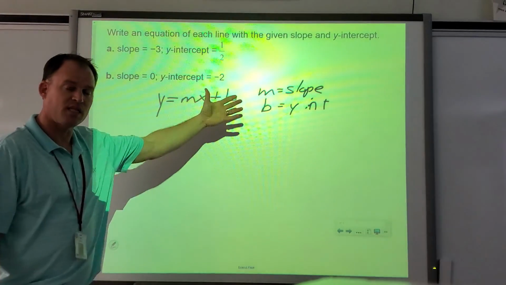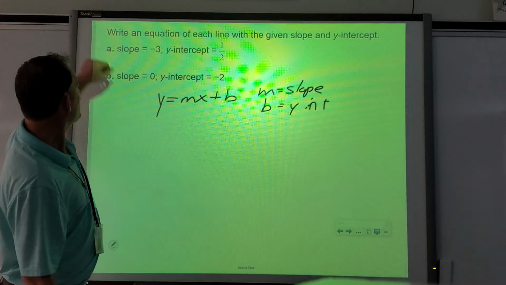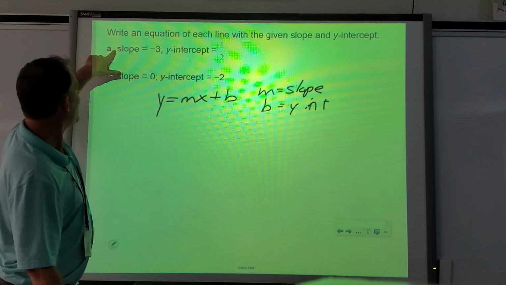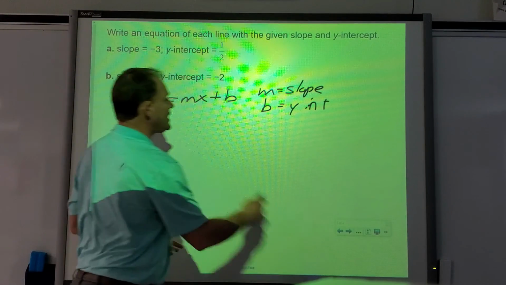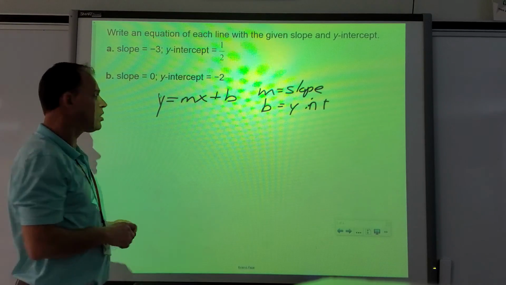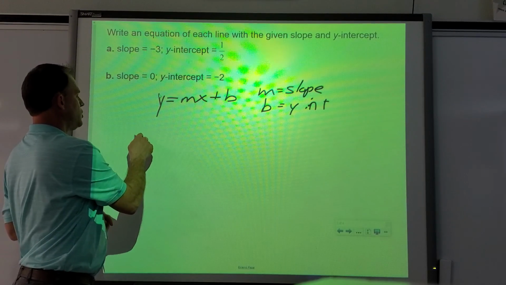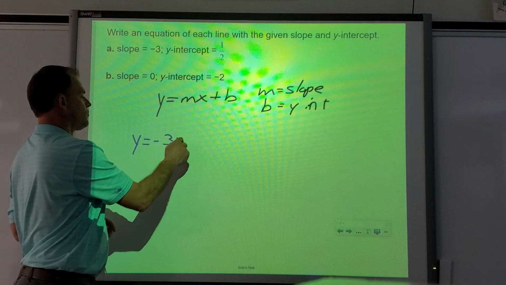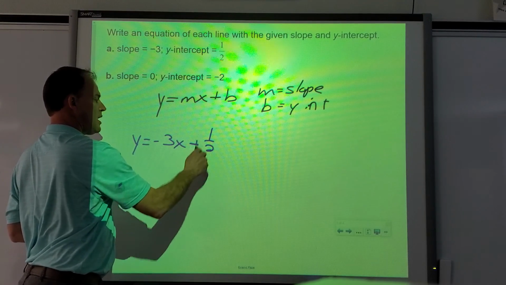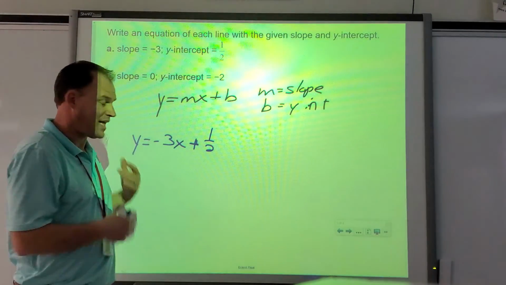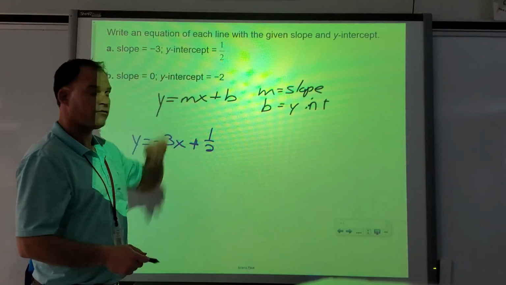Okay? You've seen this plenty of times before. So if I tell you for A, slope is -3, the y-intercept is 1/2, I just take that information and put it where it belongs. So the slope is -3, the y-intercept is 1/2. That's the equation given that information.